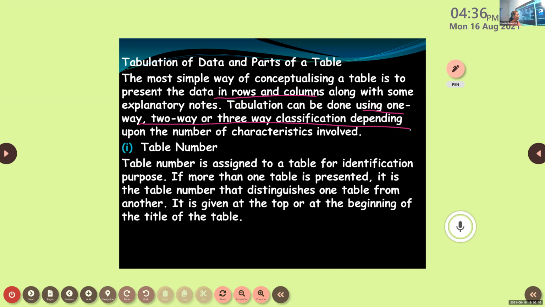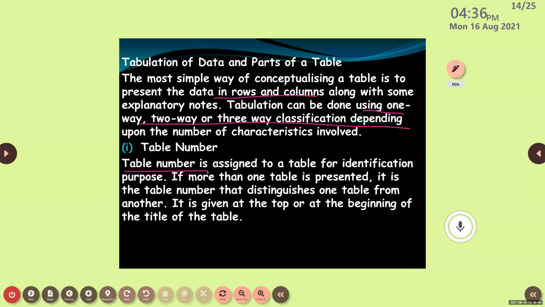So whenever we make a table, the first thing we should assign is a table number. It is for identification purposes, because when more than one table is presented, it is compulsory to give a table number. Only then can we distinguish one table from the other.